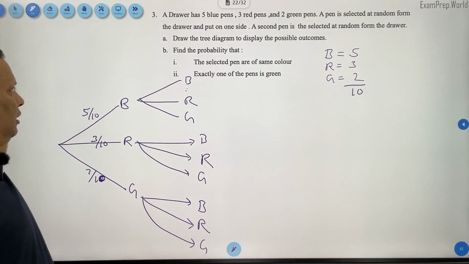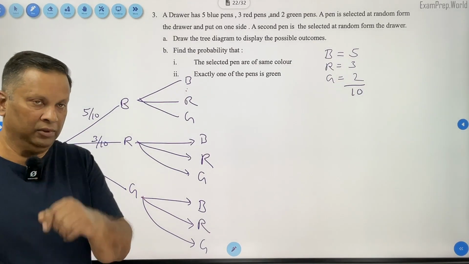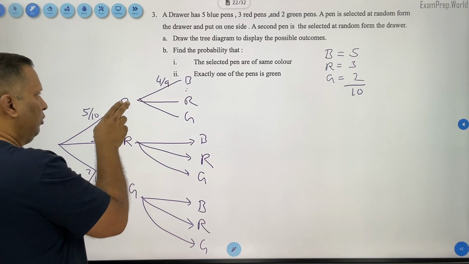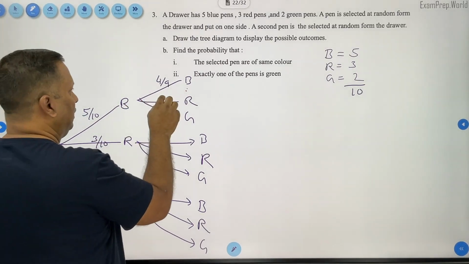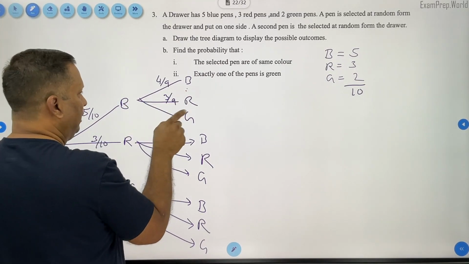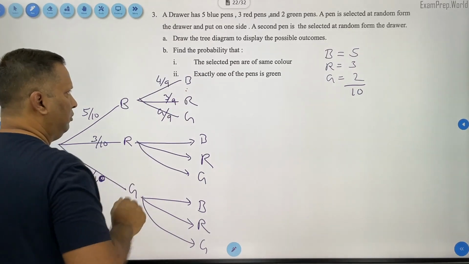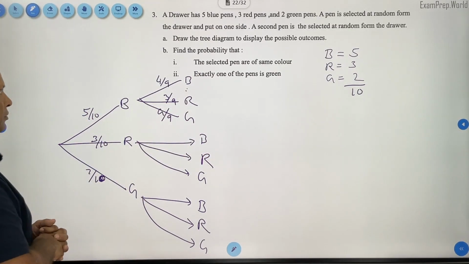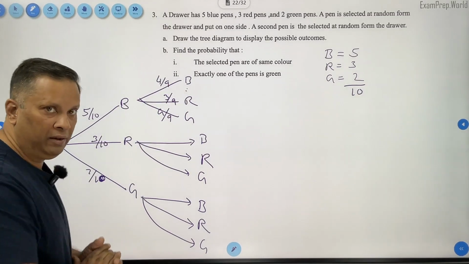Now if you have already taken out a blue, one blue is less, right? So it will be 4 on 9. But if blue is gone, the red numbers will be the same. It will be 3 on 9 and green will also be 2 on 9, because only blue went off. Red and green are still there, the original numbers, and the total is reduced by 1.